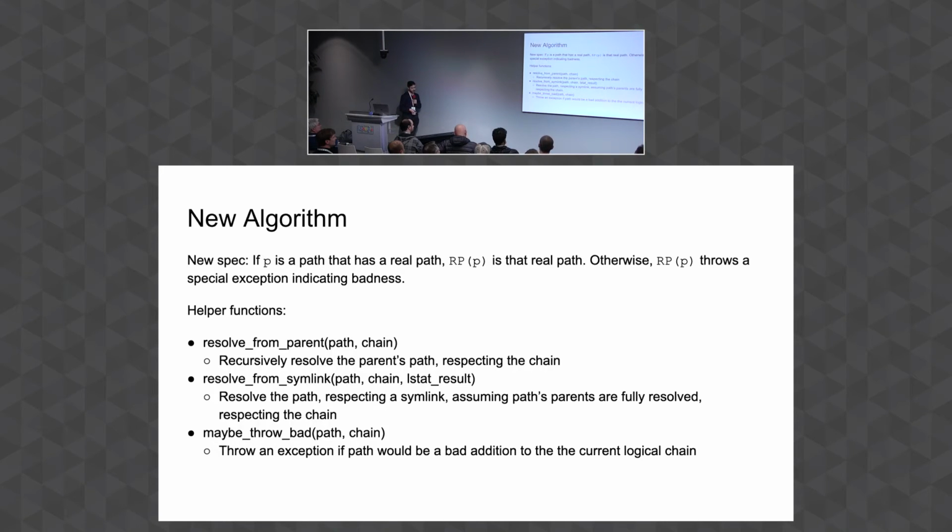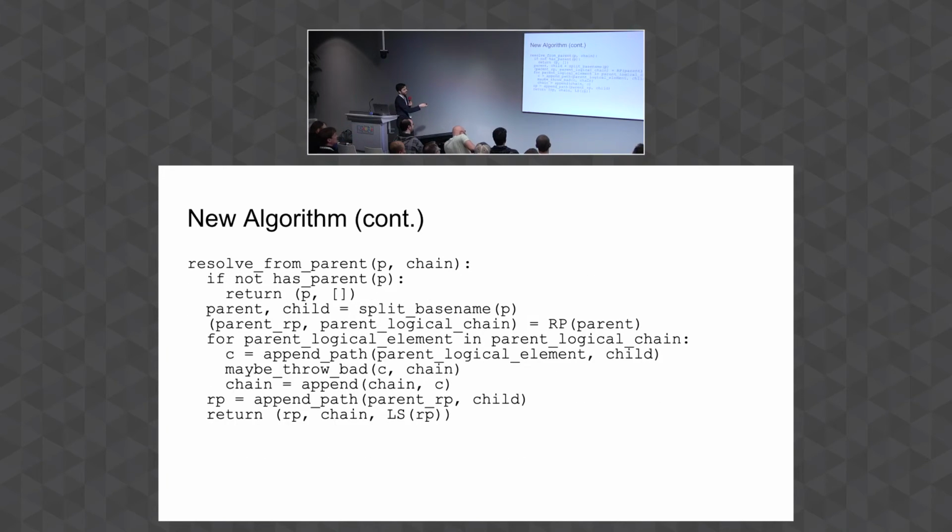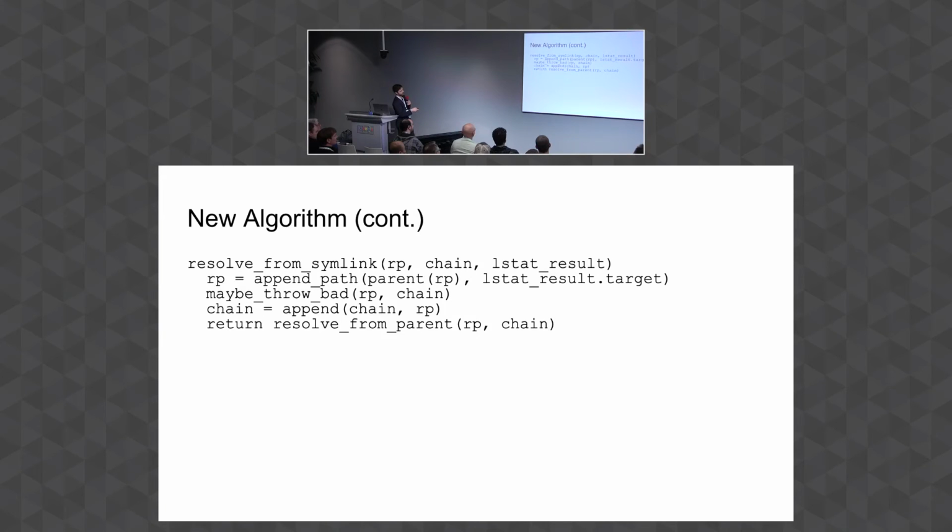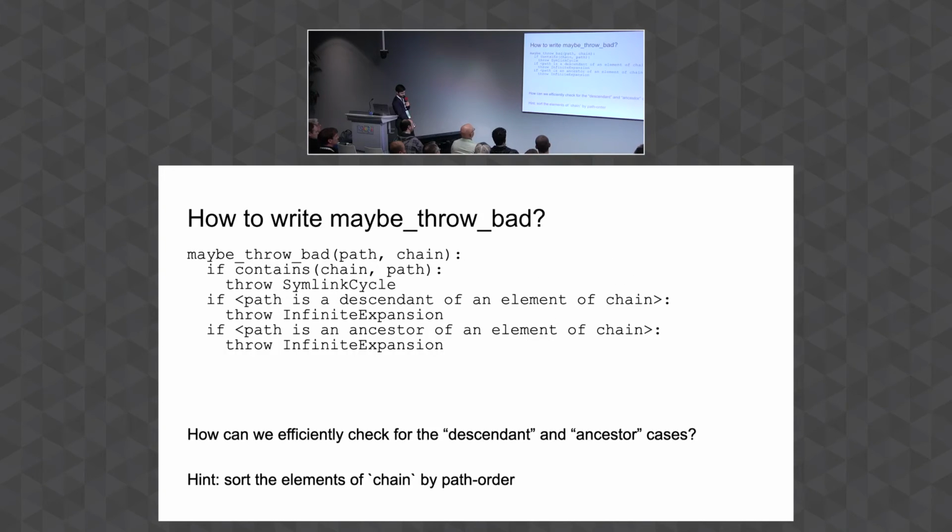The general algorithm is a pair of co-recursive functions for resolving a path given the full resolution of its parent path, and resolving a symlink given the partial resolution of the path so far. But the key thing is we keep around knowledge of the logical chain of operations we've done so far. This is all in the Bazel source code. Here's the interesting part.